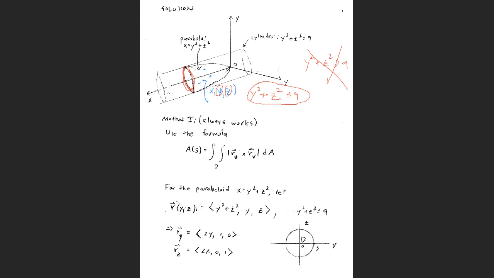If you were to describe this circle here, which is the intersection of the paraboloid and the cylinder, how would you describe that? Well, you would say that... I want to be careful here. Hold on here.